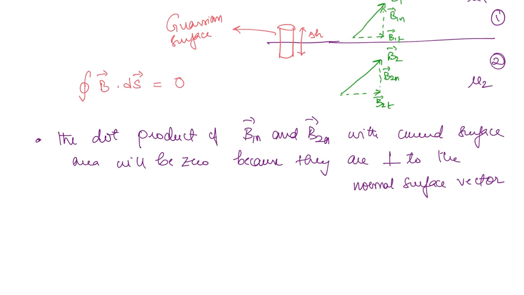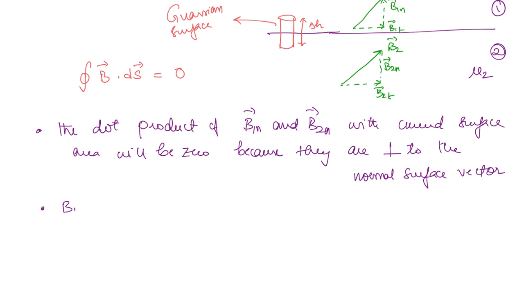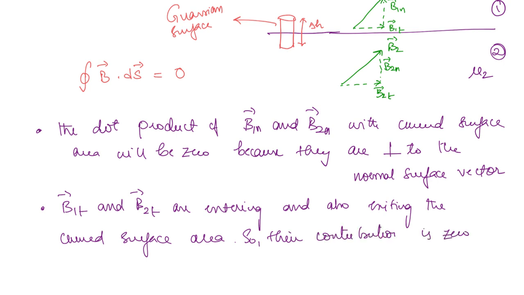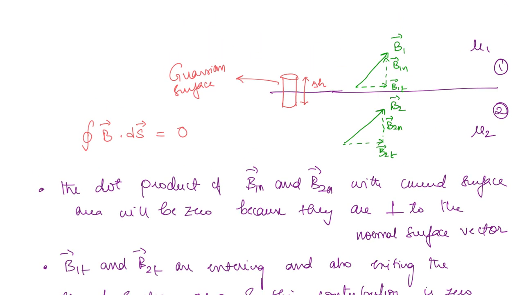So this is one point we discussed, and the other point is that B1T bar and B2T bar are entering and also exiting the curved surface area, so their contribution is 0. So the only contribution left is because of B1N through the top surface and B2N through the bottom surface.